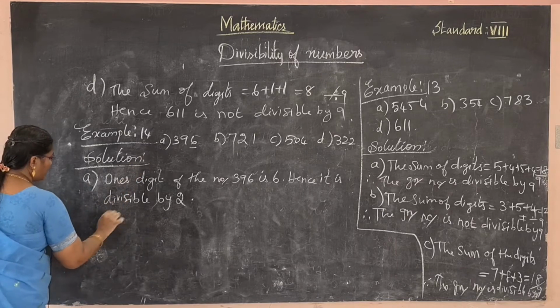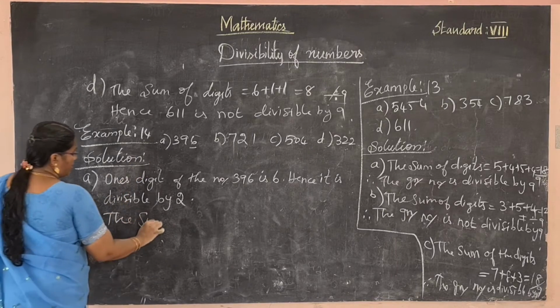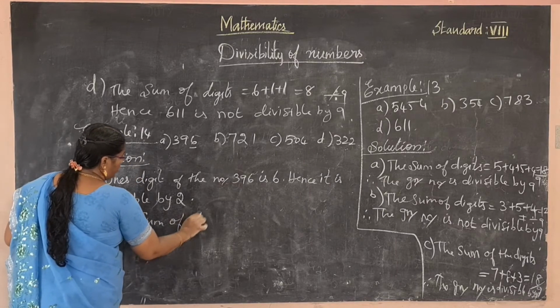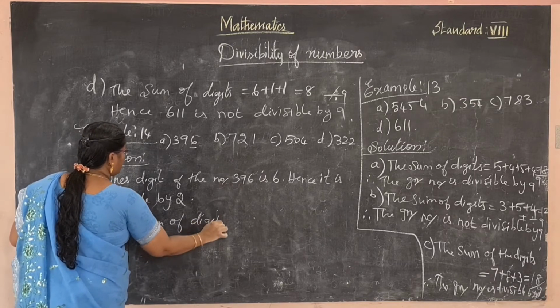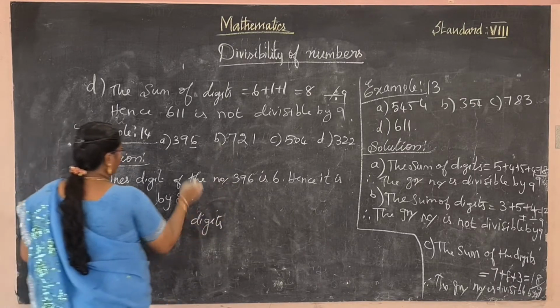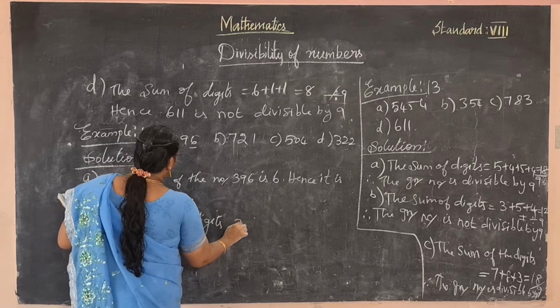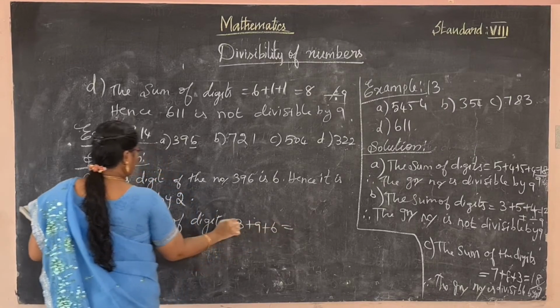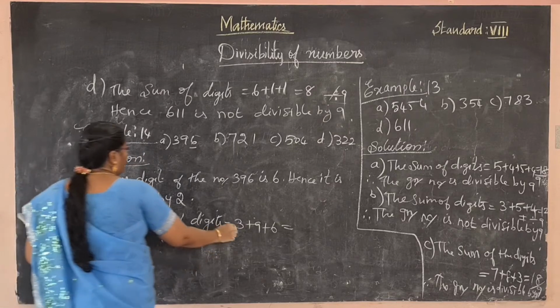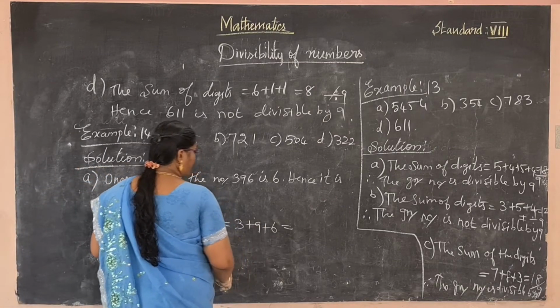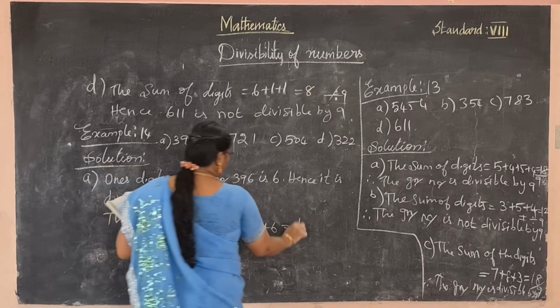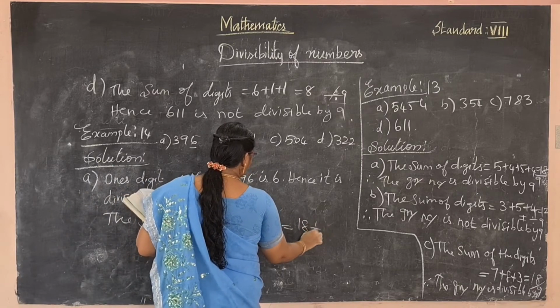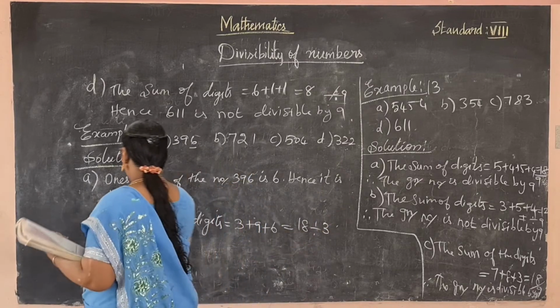Okay, so the sum of digits, what is the sum of the digits? 3 plus 9 plus 6. So 3 plus 9, 12. 12 plus 6, 18. So 18 is divisible by 3.